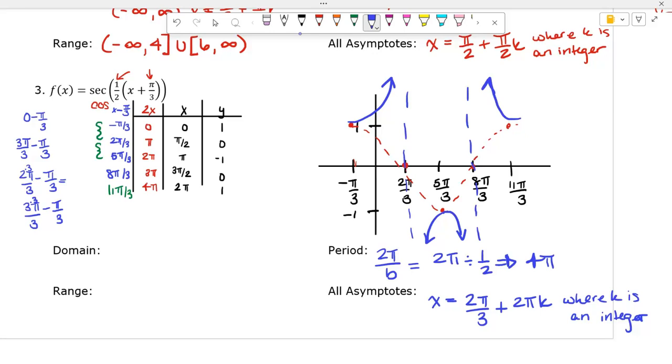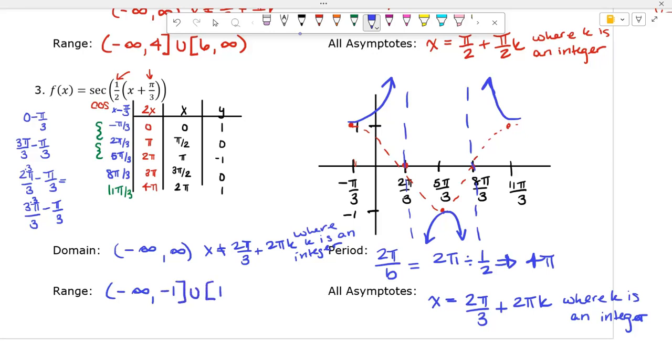And then my domain is going to be from negative infinity to infinity, except x cannot equal 2 pi over 3 plus 2 pi k, where k is an integer. And then my range is going to be from negative infinity to negative 1, union 1 to infinity.